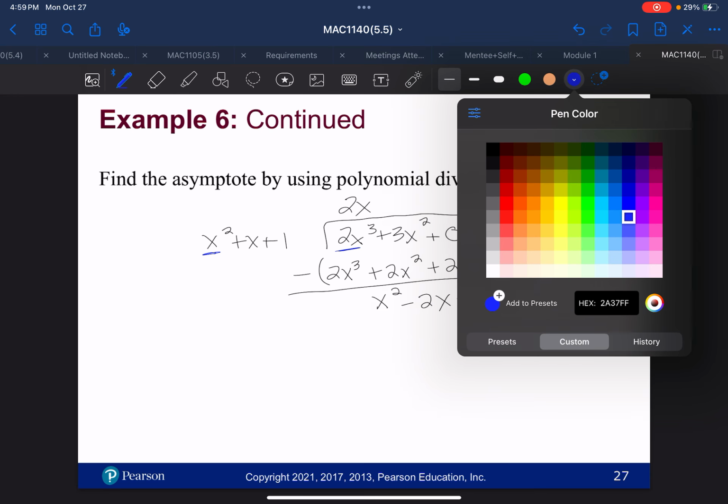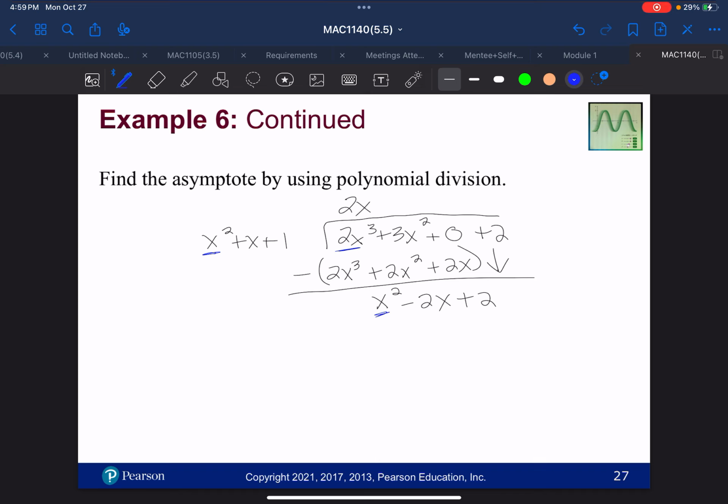And then I will repeat and divide x squared by x squared. First term there, x squared divided by x squared is 1. So this would be plus 1, positive 1. Multiply the 1 by all of this, so I get x squared plus x plus 1. And then we subtract.